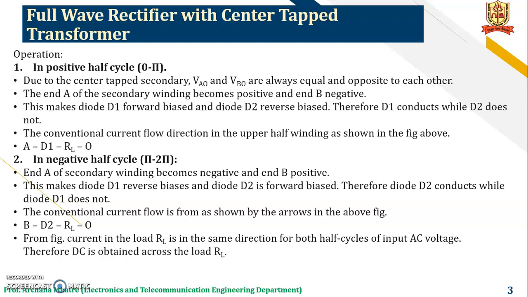The conventional current flows from B to D2, then RL to O. From the figure, the current in the load RL is in the same direction for both half cycles of the input AC voltage. Therefore, DC is obtained across the load RL.